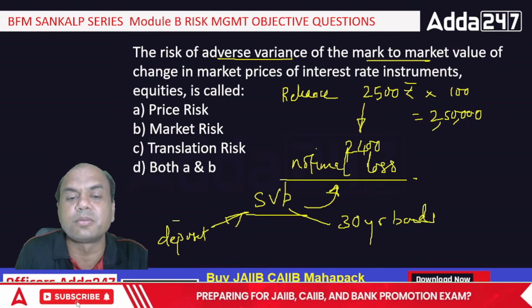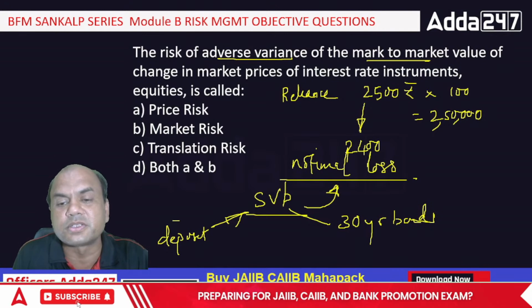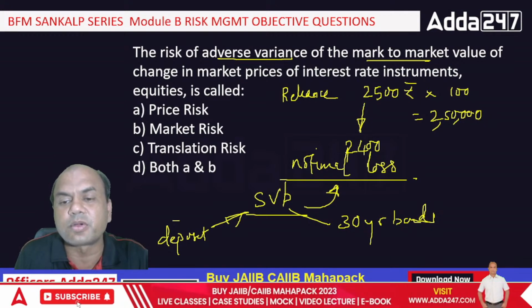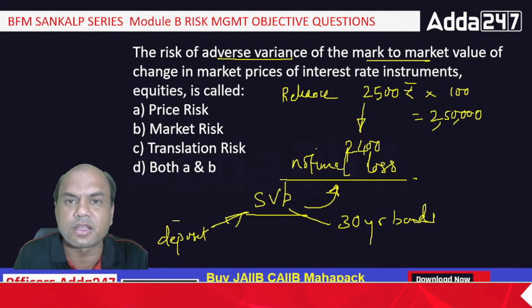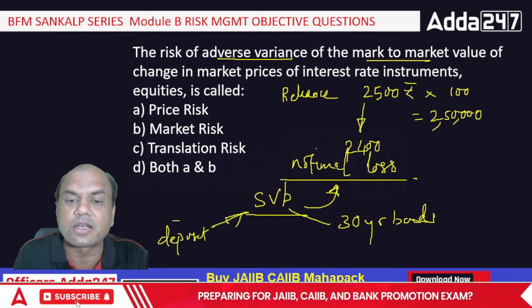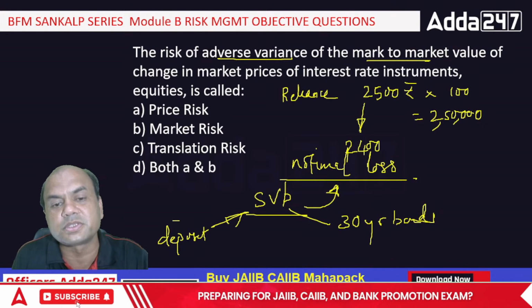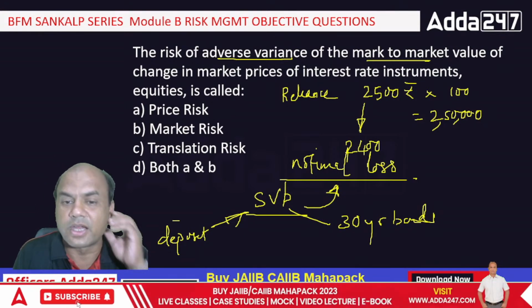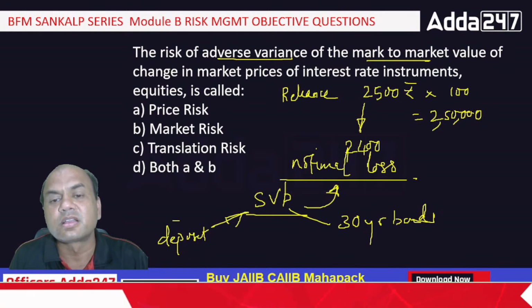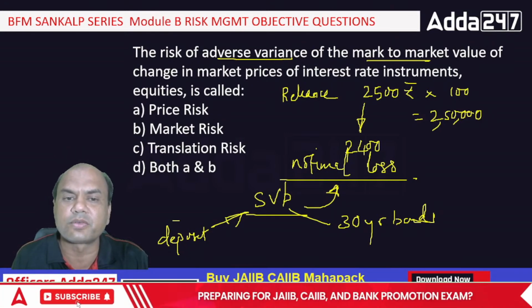So when these companies came to withdraw their deposits, these 30-year bonds won't be giving you the money immediately. They'll be giving you after 30 years. So this bank didn't have any liquidity to pay the depositors. That was the main mark to market issue.